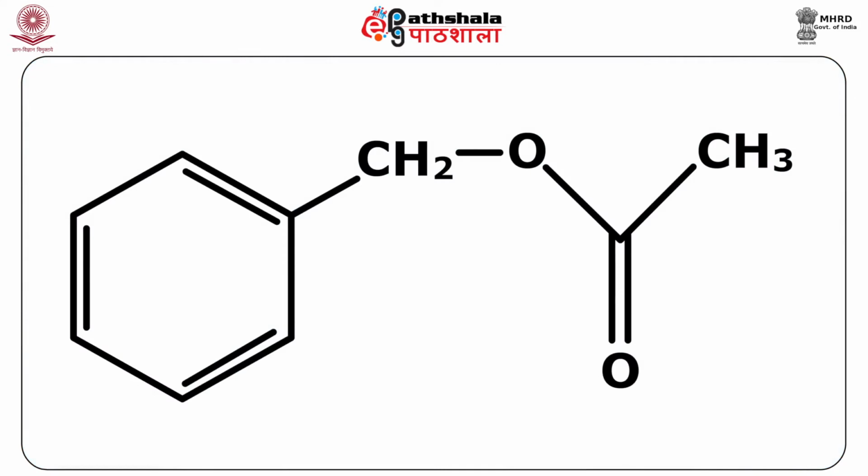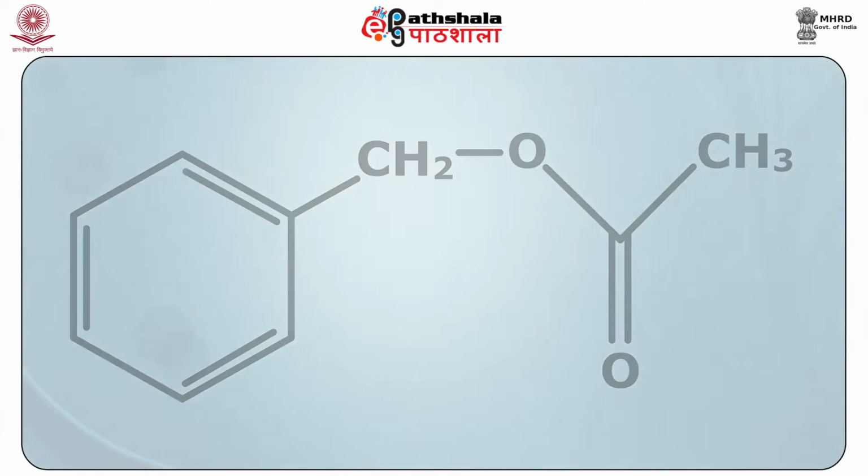Out of these peak values, you can see that the possible structure of the compound will be this one, where you have the phenyl ring joined to CH2, then OCO, CH3, and all this cleavage will justify the peak values as given in the mass spectrum.